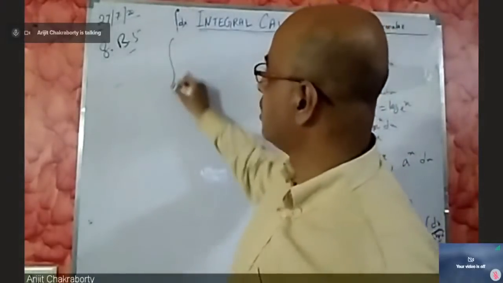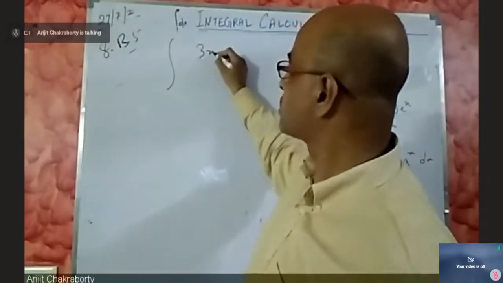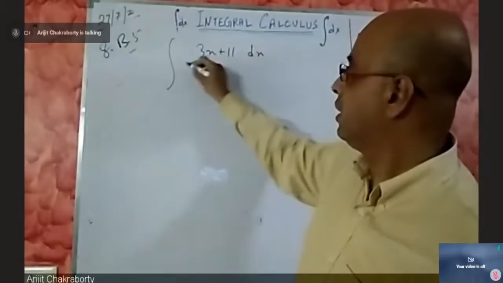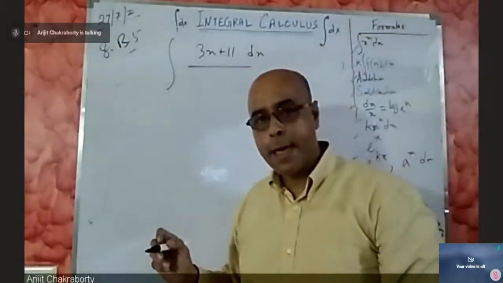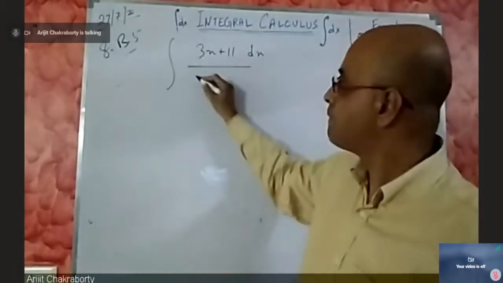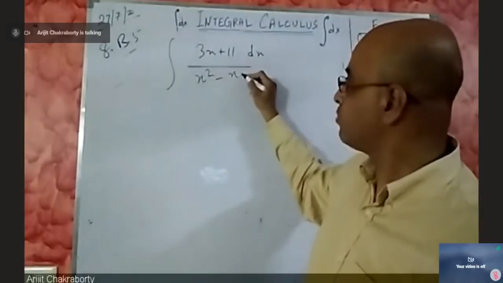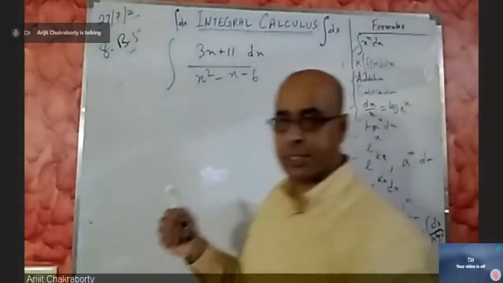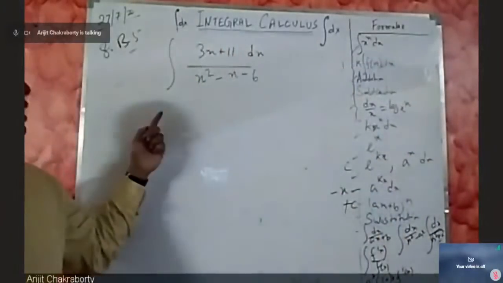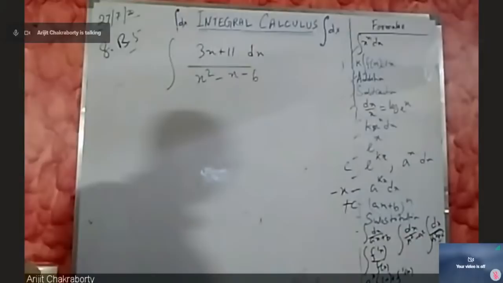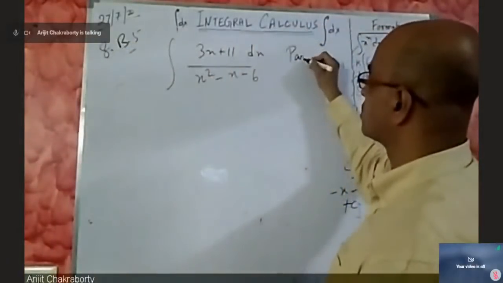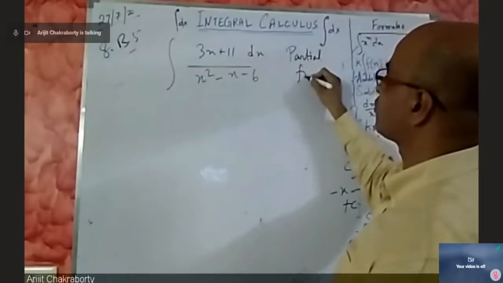Let's take an example like this: integration of (3x plus 11) dx divided by (x squared minus x minus 6). Please see the numerical. We are now using partial fractions. It is called the partial fraction method.